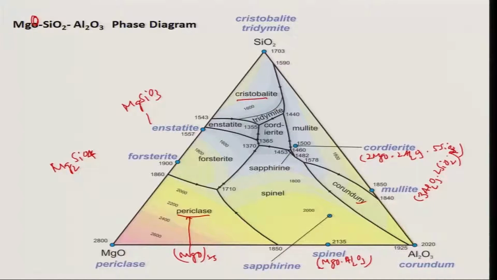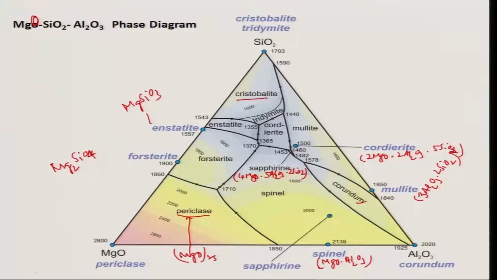And another one is called sapphirine. Sapphirine is basically an aluminum silicon compound. Let me see what its composition is. Yes, sapphirine is basically 4MgO, 5Al2O3 and 2SiO2.